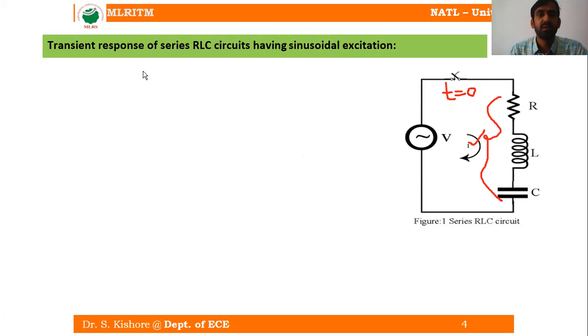So let the applied voltage be V is equal to Vm sine of omega t plus phi. So why have I represented the sinusoidal signal with Vm sine omega t plus phi? This is the general form of a sinusoidal signal.